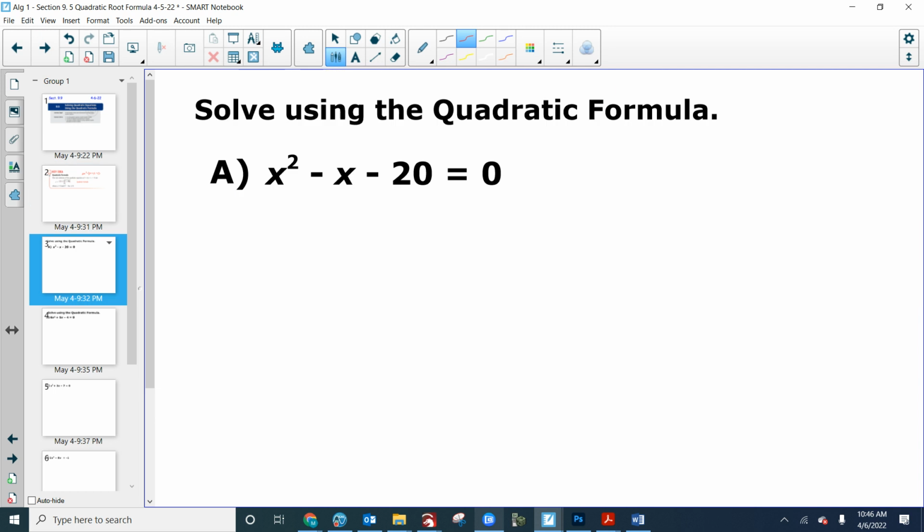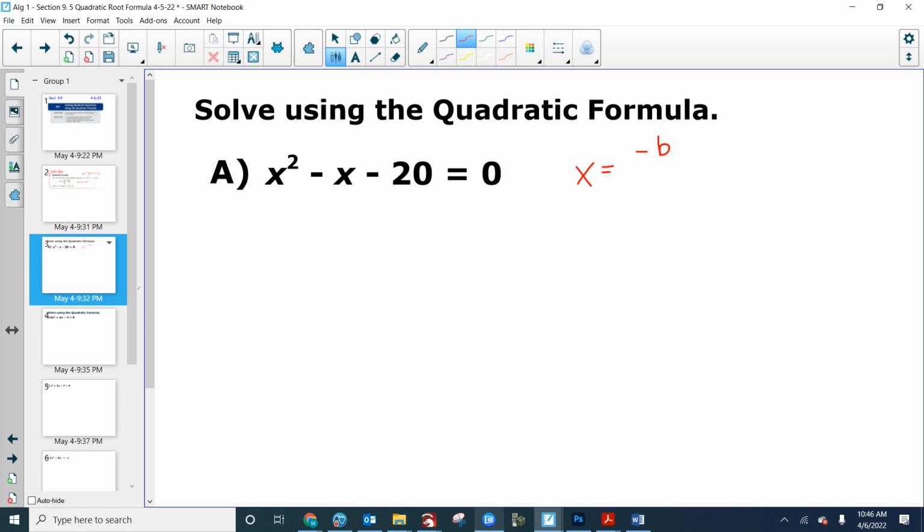Here's what I recommend doing. Can you guys make me a promise? Every time you do one of these problems, write down the generic quadratic formula and you'll have it memorized by the time you're done. X equals minus B, let's say opposite of B, because what if B is negative? It's going to be the opposite of the negative.